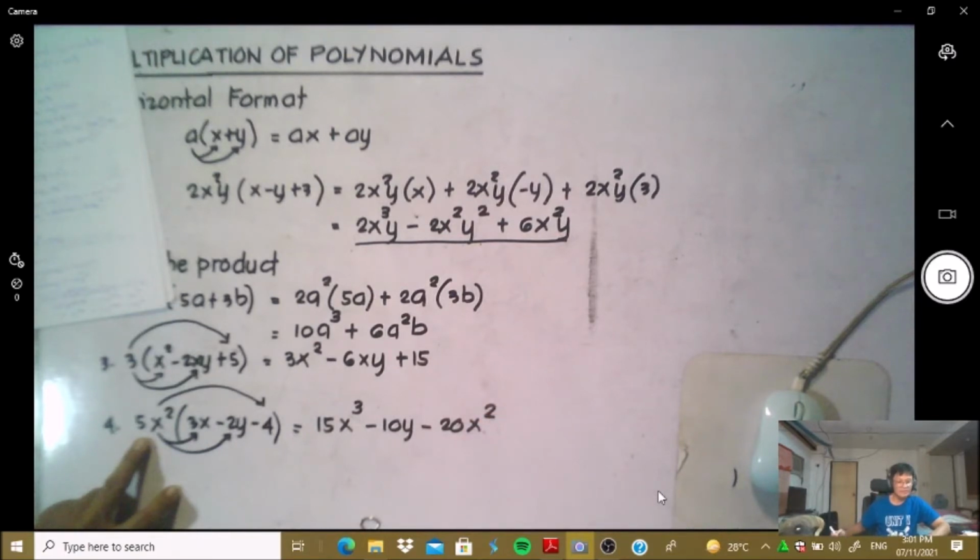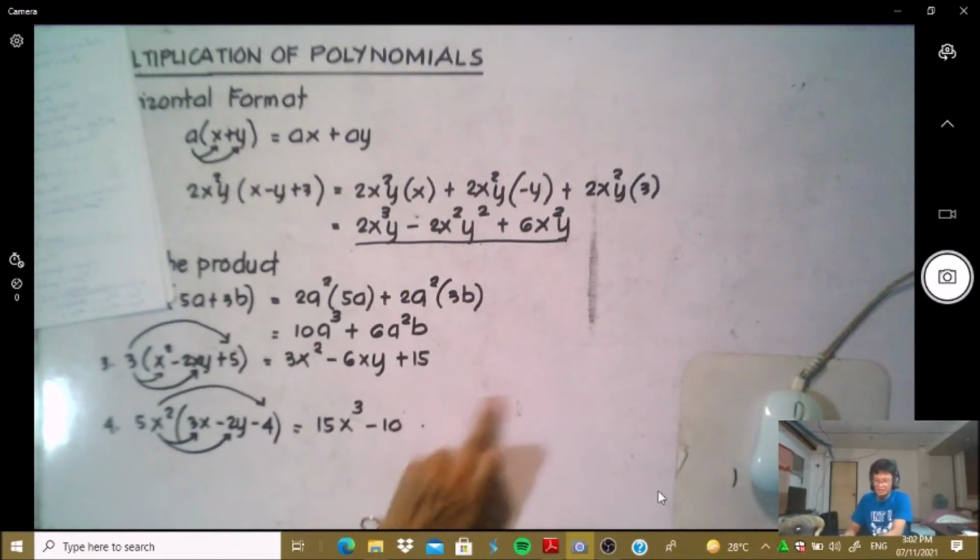We have 15x cubed minus 10x squared y minus 20x squared. Excuse me. So we have 5x times the quantity 3x minus 2y minus 4. So we have 15x cubed minus 10. Sorry, I forgot. 10.